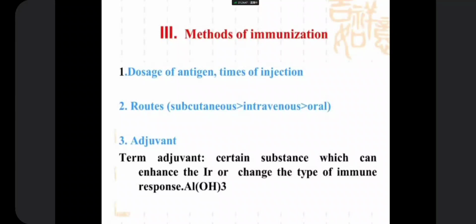Another factor is adjuvant. An adjuvant is a substance which can enhance the immune response or change the type of immune response.